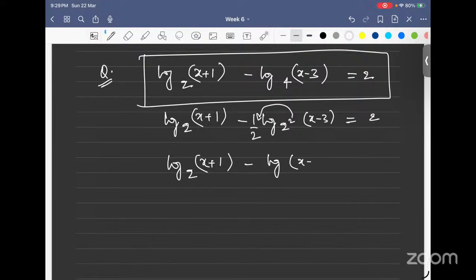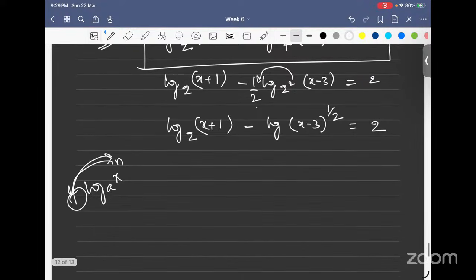This half I already told you, right? Log of a base x to the power n, this n you can write here directly. Or whatever has been written here, you can write it here. So here what is written?